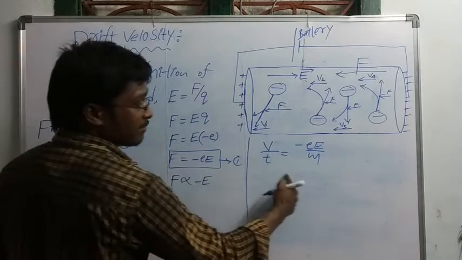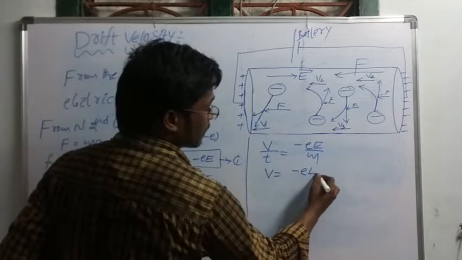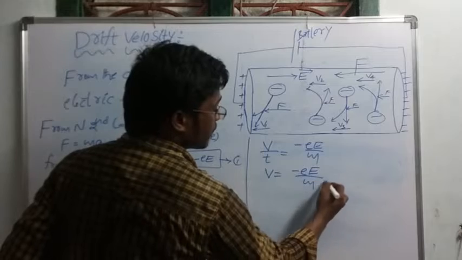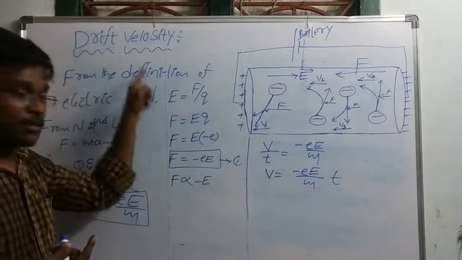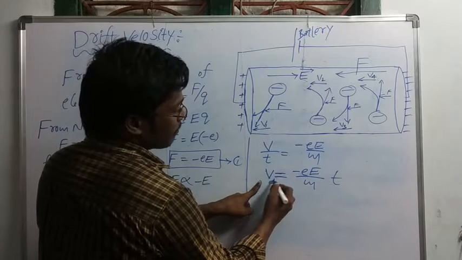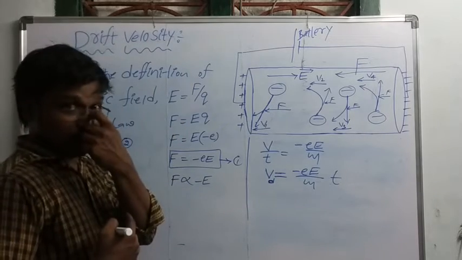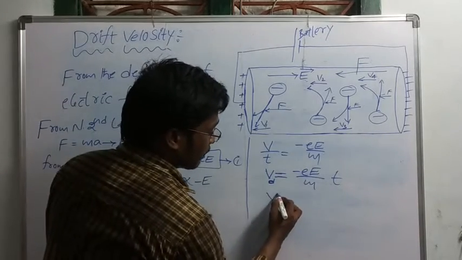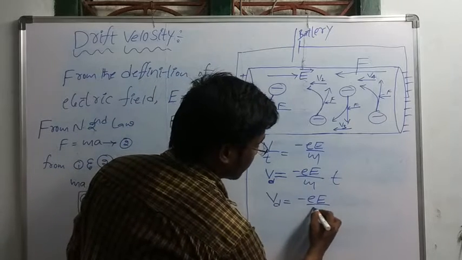Now I am sending this t to the other side: v is equal to minus eE by m into t. We are speaking about drift velocity, correct? So in place of v, I am indicating v suffix d. This is nothing but drift velocity. So drift velocity vd is equal to minus eE by m into t.